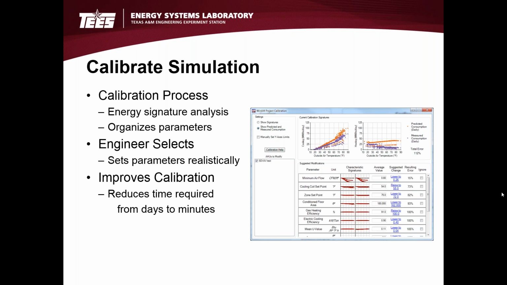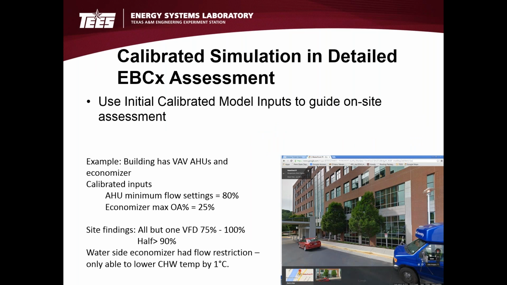I want to go ahead and illustrate, we've gotten so that we will often use this process before we get to a building to basically help guide us in what we're going to actually look at.